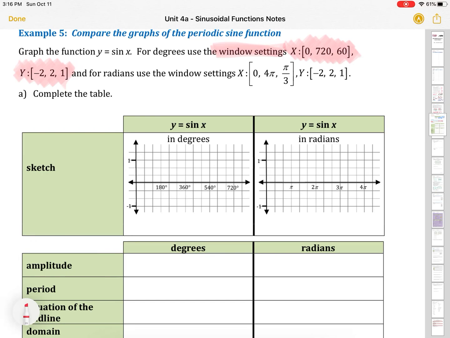So we've got those in. Now you're going to put this in your y equals: y equals sine of x, and you're going to hit graph. Now you should get a beautiful little graph happening here. I'm going to do it in red.